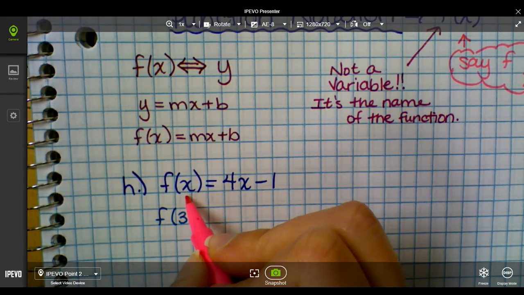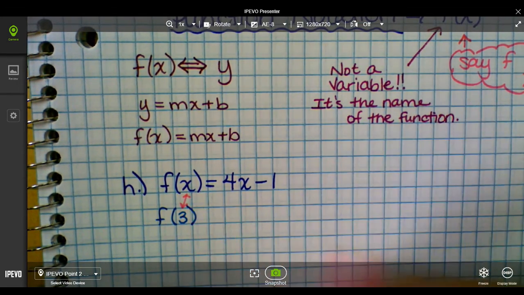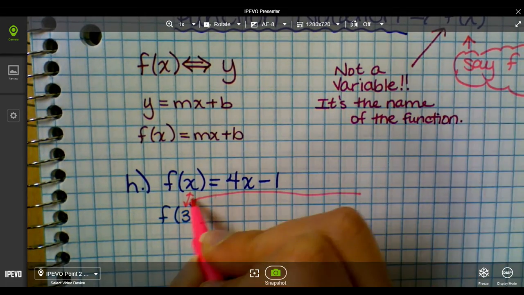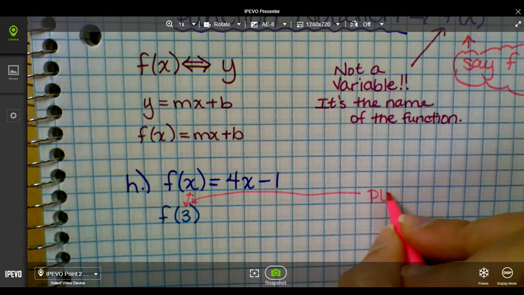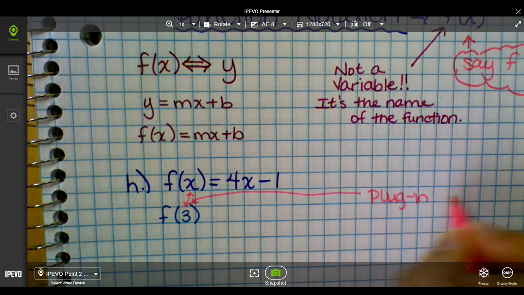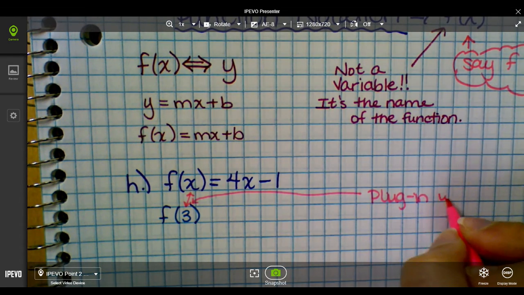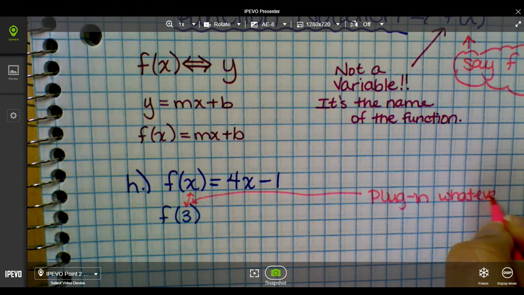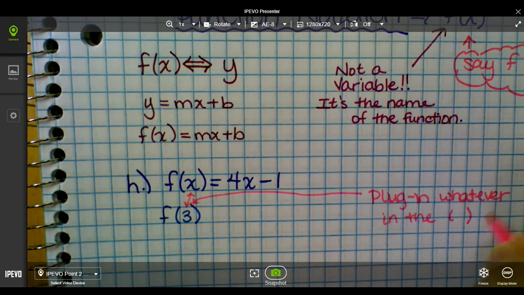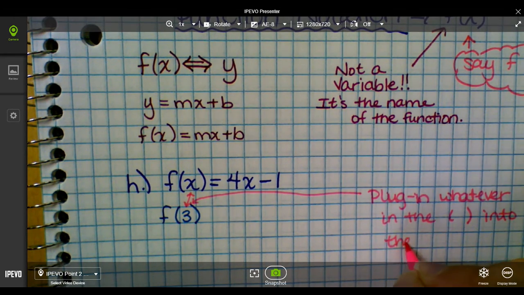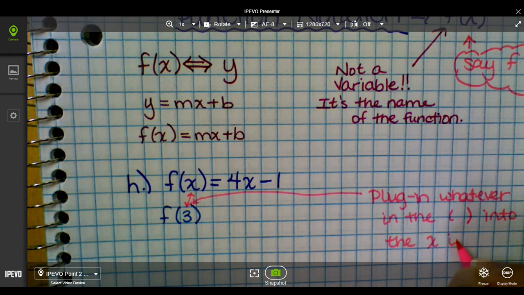This is all you are doing when you are finding f of 3. Notice how it took the place of your x value over here. So I'm just going to write a little blurb off to the side. All this means is plug in whatever is in the parentheses, in this case it's 3, into the x in the function.